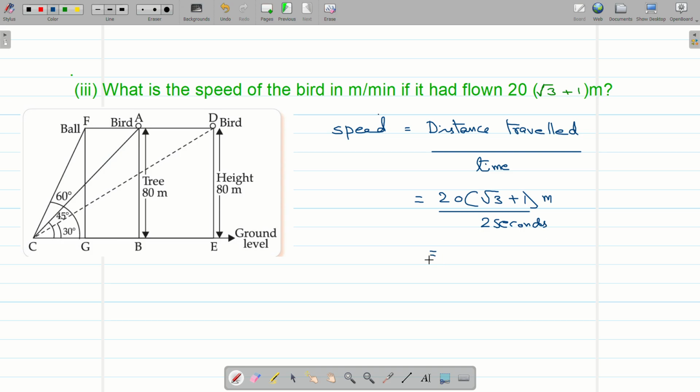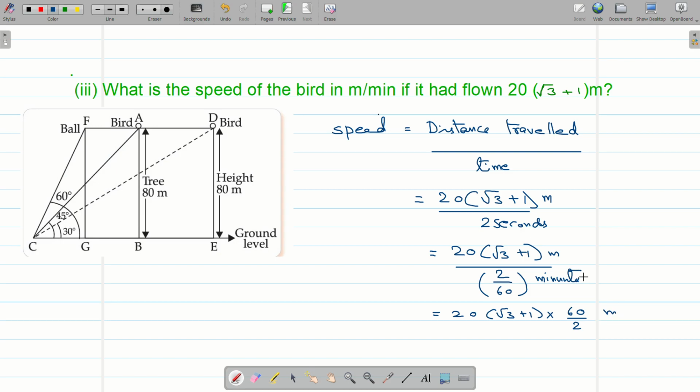2 seconds is equal to 2 by 60 minutes. So 20 root 3 plus 1 meters upon 2 by 60 minutes is equal to 20 into root 3 plus 1 multiplied by 60 by 2 meter per minute. 2 and 20 can be cancelled.